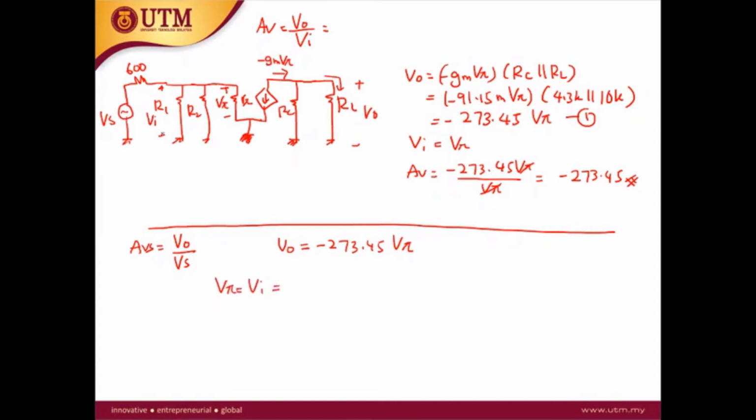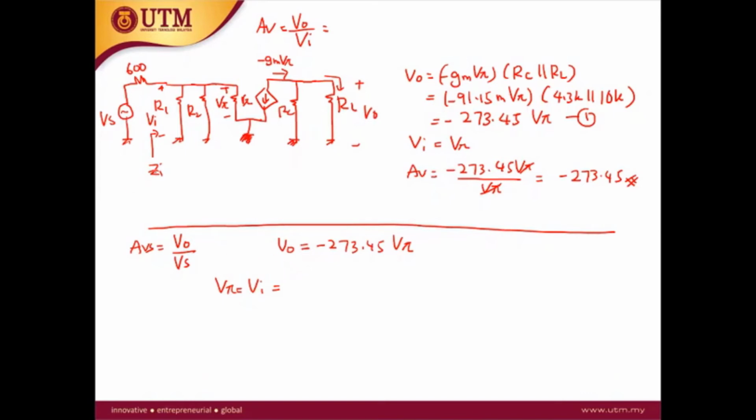And then V in is a voltage divider between 600 and the Z in. We see the resistance of the amplifier from the input port as the Z in. So the voltage drop at the input port will become the I in times Z in.